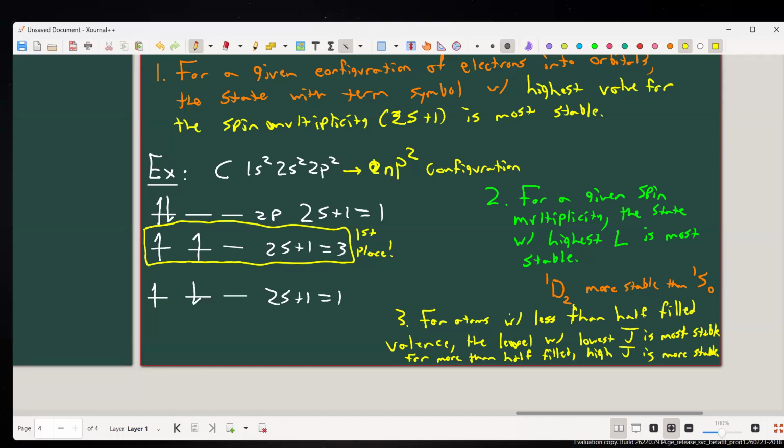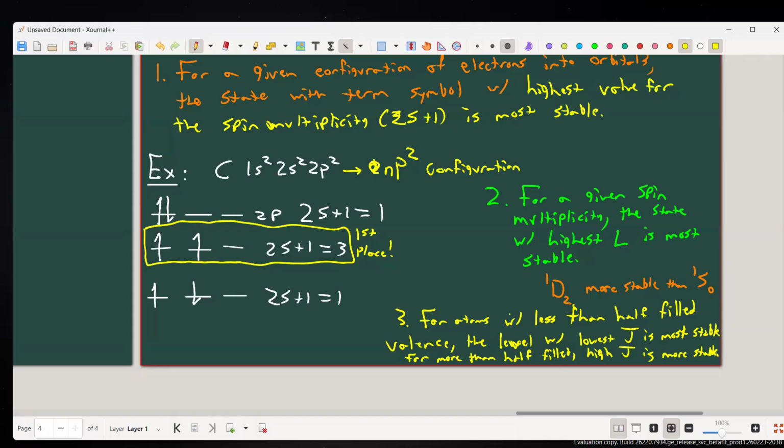That means it wants to spin faster, have more centrifugal force, and be further away from the nucleus than the other electrons. So in nearly filled systems, say like a halogen, where you only have one unpaired electron and six other electrons, the high J state is stable, because that keeps the electron further away. Okay, but with the example you gave, J is the same for the first and the third one, right?